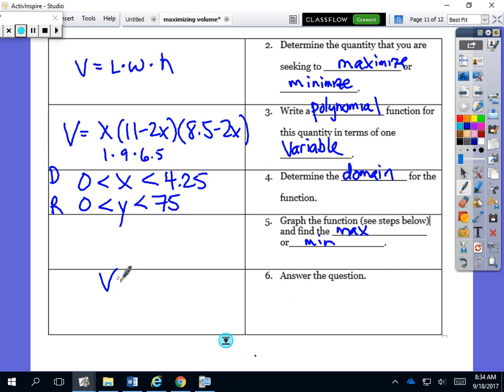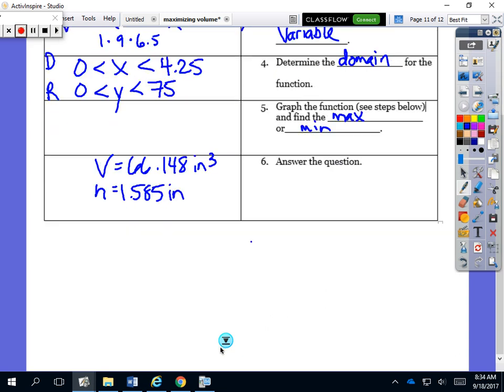So the volume is 66.148 cubic inches. And the height, when it's that volume, is 1.585 inches. Now to find the other two dimensions, we just plug that 1.585 in for x. The length is going to be 11 minus 2 times that number.